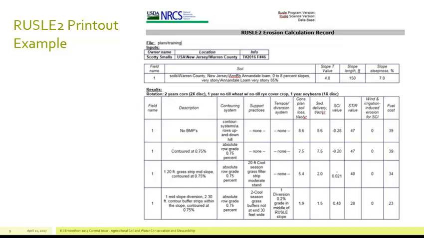Your plan soil loss in tons per acre per year is the amount of soil loss that's expected to be lost from the site using that specific rotation, management practices, and BMP. And then you can see that your soil conditioning index and your STIR values are also listed here along with the fuel cost.